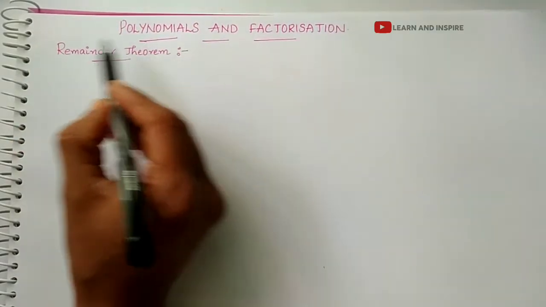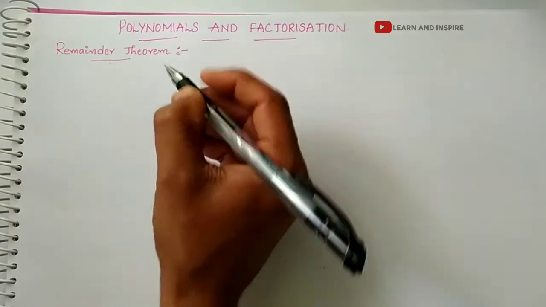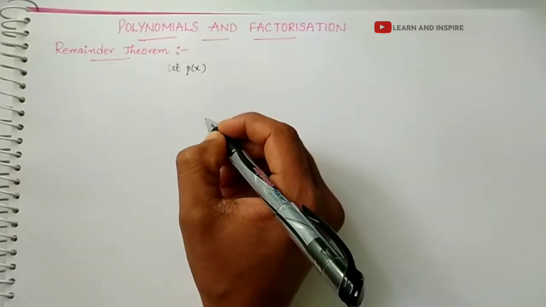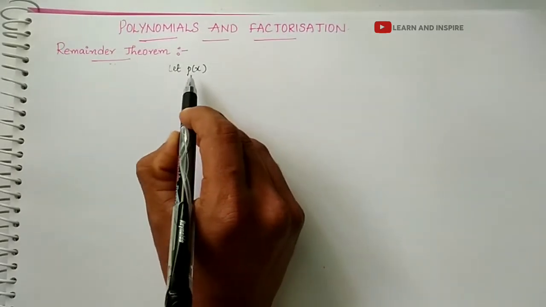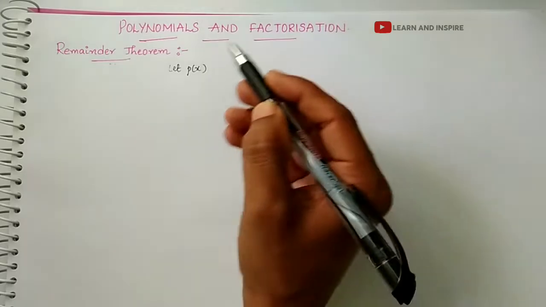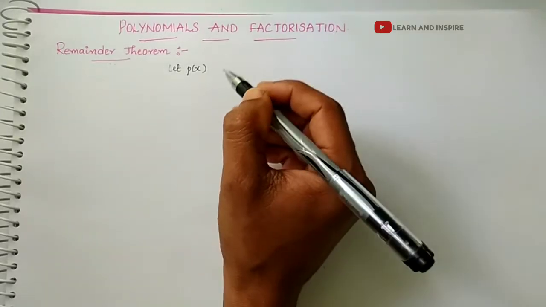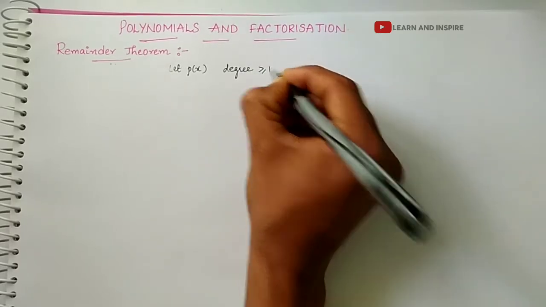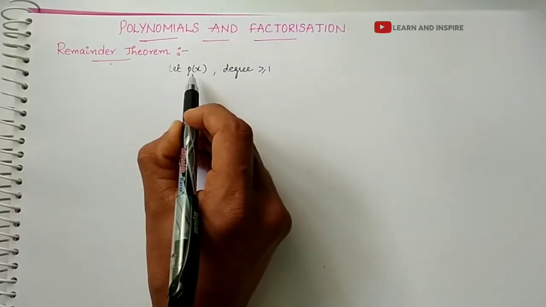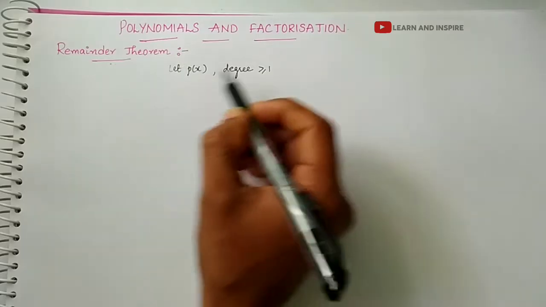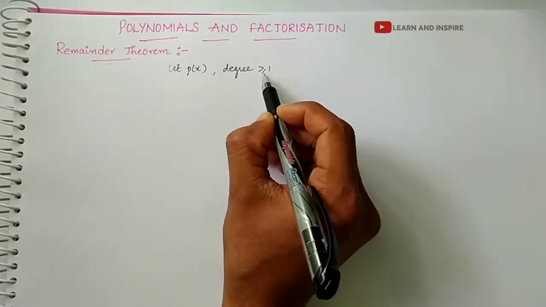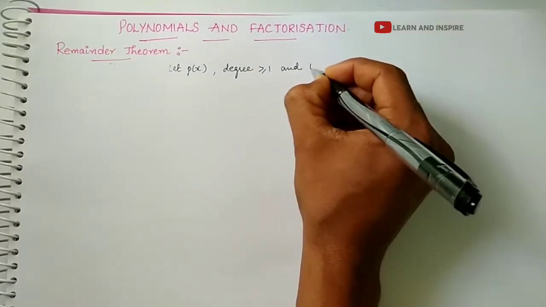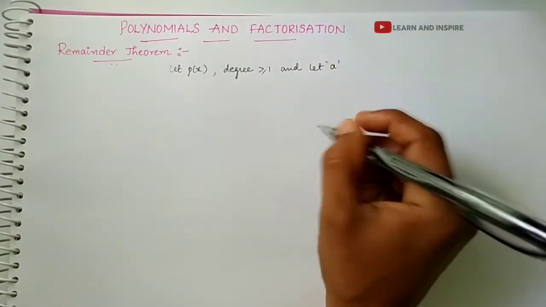Now let's start with the remainder theorem. Suppose p of x is any polynomial of degree greater than or equal to 1, and let a be any real number.